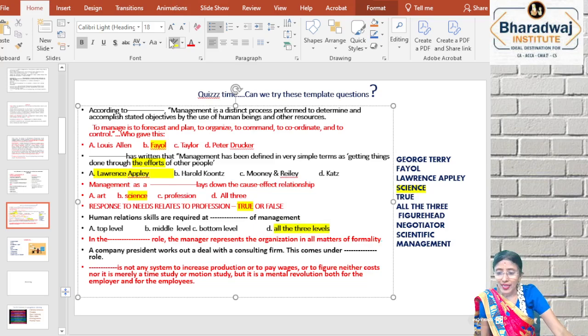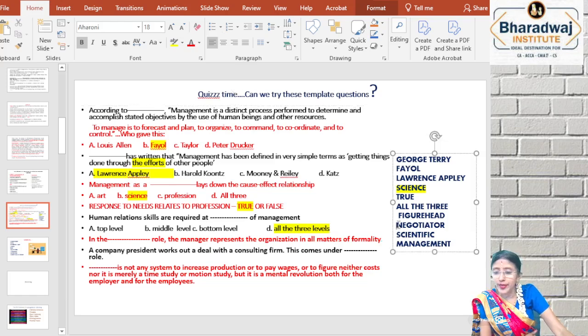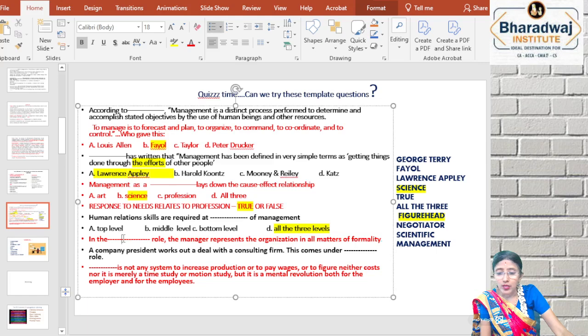In the dash role, manager represents the organization in all matters of formality. As a negotiator? No, as a figurehead. Please look at the answer, figurehead. That is top management. Top level.